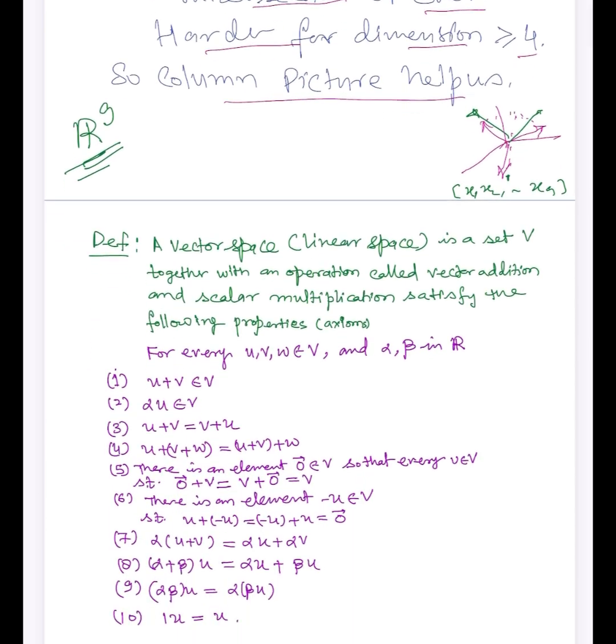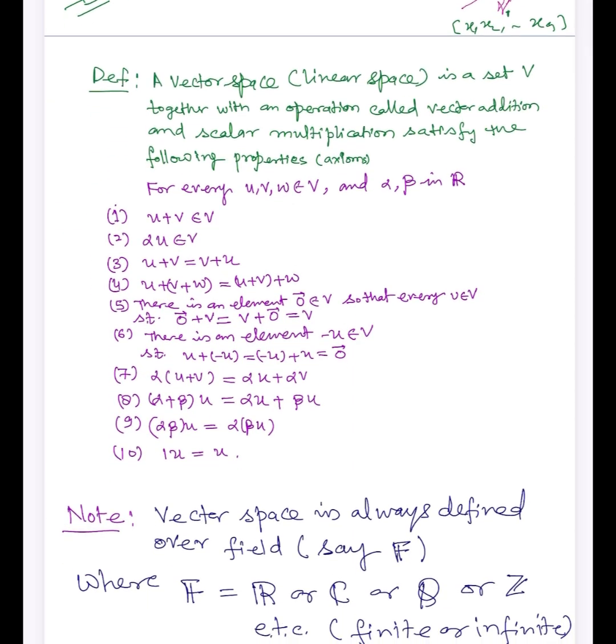So let us understand the vector space. What is a vector space? A vector space, or sometimes we call it a linear space, is a set V which should be non-empty, together with vector addition and scalar multiplication, satisfying the following axioms.